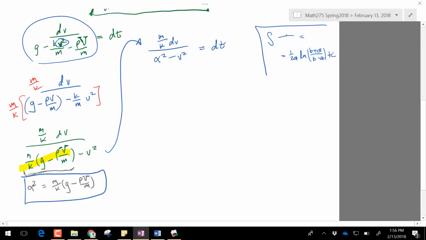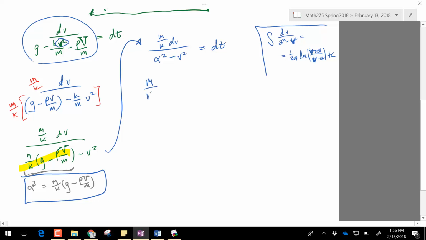So what was here again? D, V. Oh, this is V. All right, that looks like a good integral to work with.